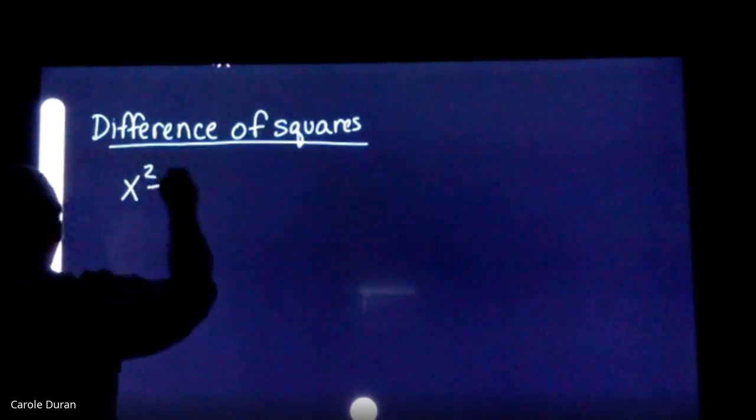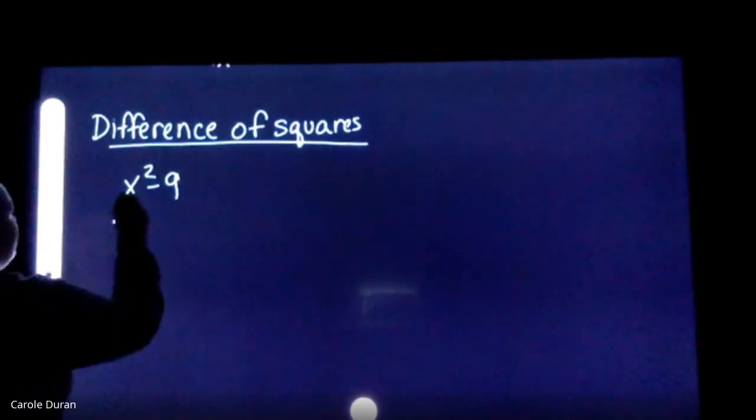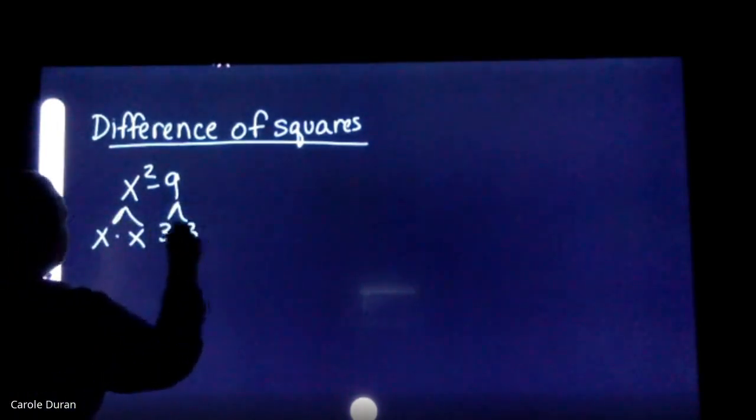An example we have is x squared minus 9. In order for this to be a difference of squares, it has to, of course, contain perfect squares. So since there are only 2 terms here, I need to verify that both of them are perfect squares. So x squared we know is x times x, and 9 is 3 times 3, so we're good there.